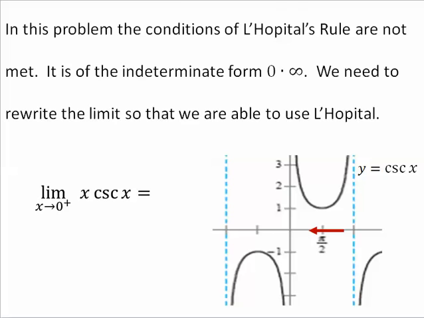In this next problem, the conditions of L'Hopital's rule are not met. It is of the indeterminate form 0 times infinity. What we're going to need to do is rewrite the limit so that we can use L'Hopital's rule. So let's do that.